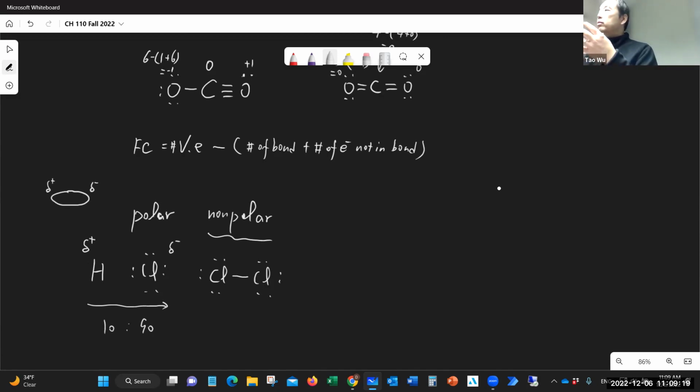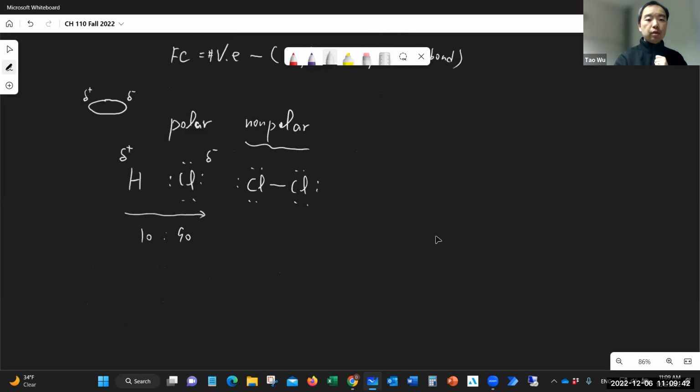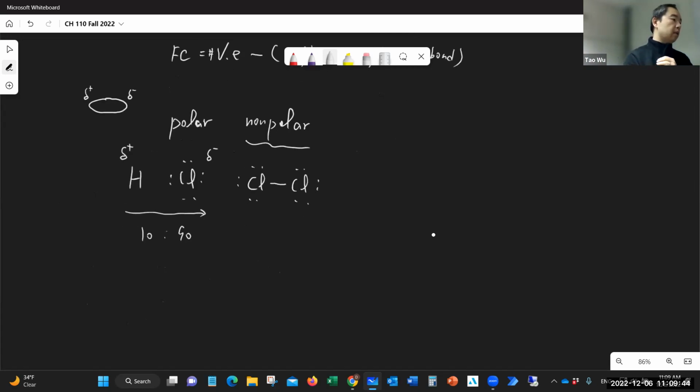The difference of the charge makes this molecule polar, just like the difference of temperature gives us the equator and the North Pole and South Pole. So polarity is just talking about separation, the separation of two extreme things. That's why we have polar molecules, and a polar bond in these cases.